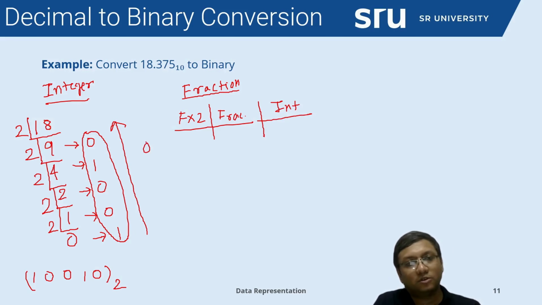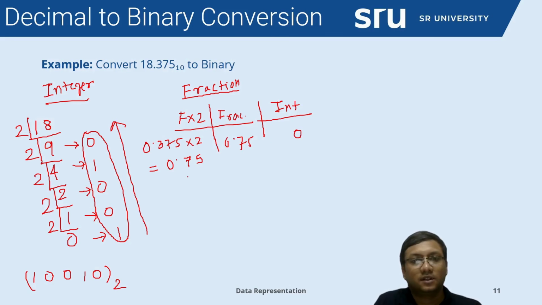So 0.375 into 2 is equal to 0.75. So 0.75 is the fraction part and the integer part is 0. So this 0.75 will come here.